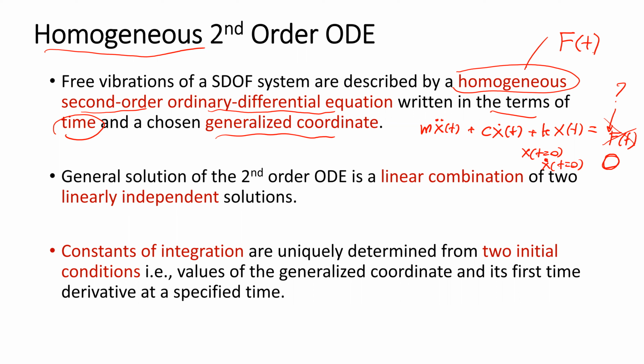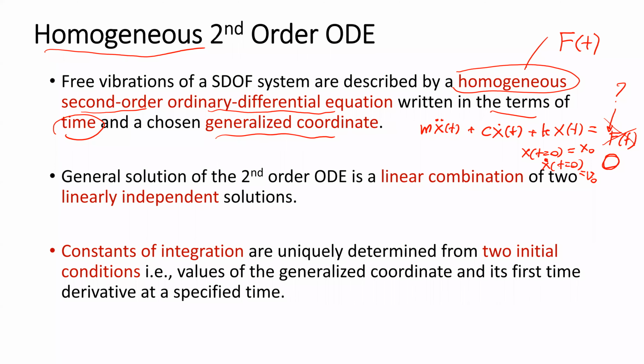And they said that x when time equals 0 may be x0, and x dot when time equals 0 may be one constant, v0, the initial speed.